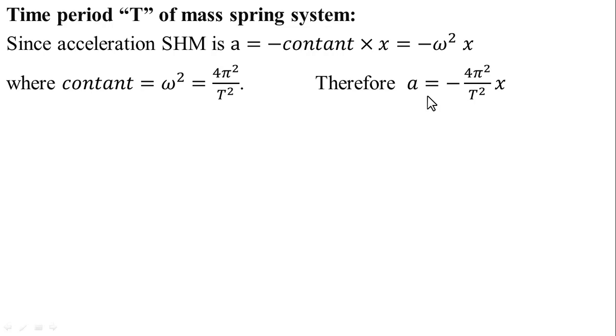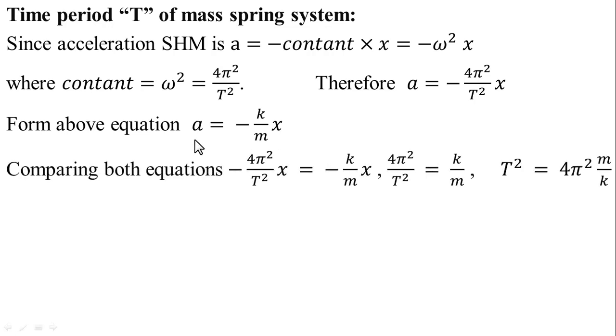Then we have from the above equation acceleration is equal to minus k over m times x. Now comparing both equations, the left hand sides are equal, so the right hand sides are also equal. Then we have minus 4 pi square x over T square is equal to minus kx over m.